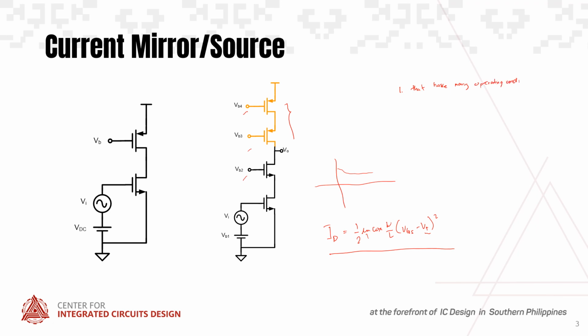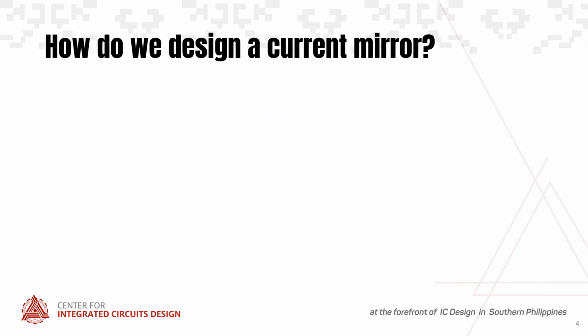And pangalawa is the temperature dependency of VT and mu n. So yun, with those challenges mentioned, we can solve it by using a current mirror.